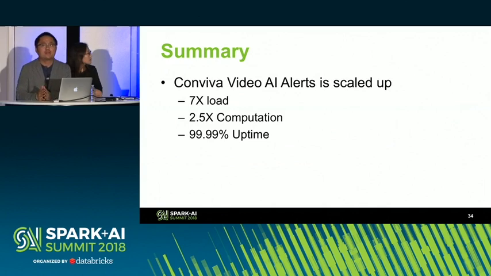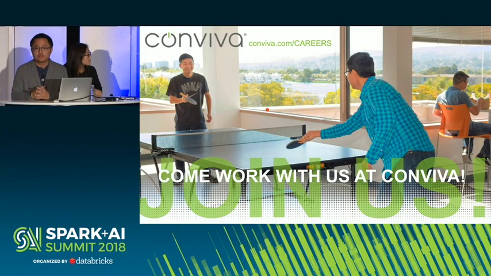So today, compared to Spark Summit 2017, Conviva's video AI alert is now scaled up by 7 times with respect to load, but with only 2.5 times the computation resource. We also achieve a high SLA as well. So our journey is posted here. Of course, there are more challenges for us in the future, such as advanced algorithms, scalable systems, and a higher standard for SLA. That's why we are hoping more talents could join us in this exciting adventure.